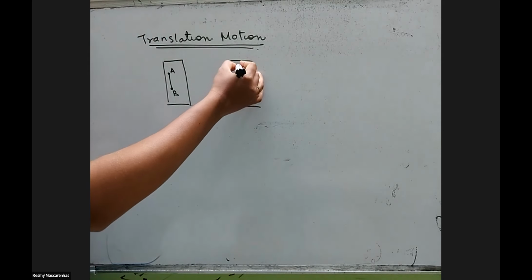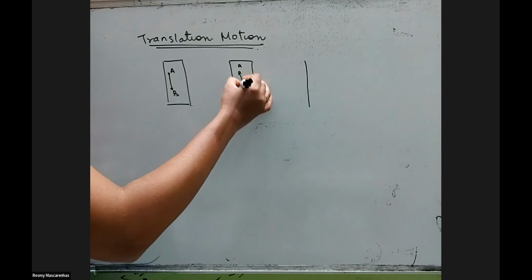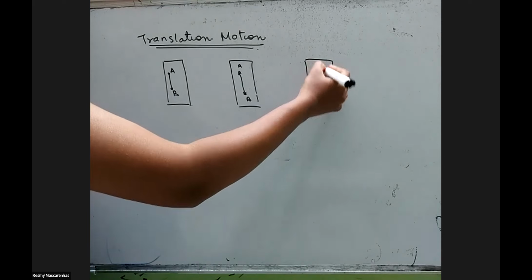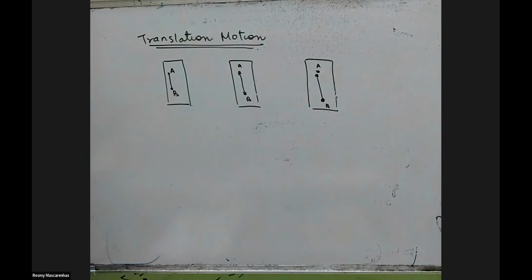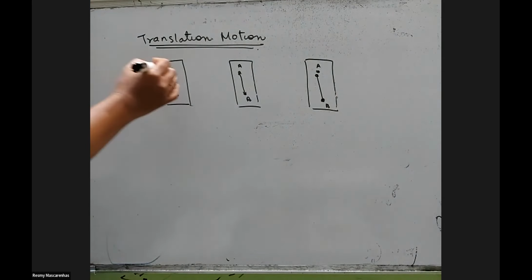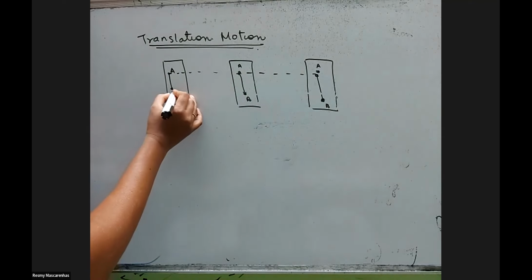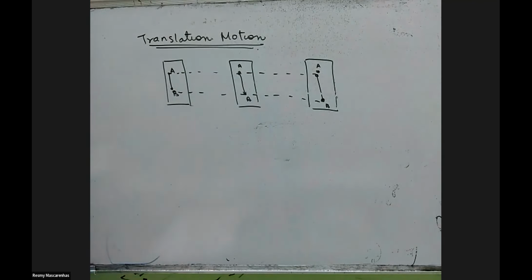Still A and B. It has reached here. Still it remains the same. So between all this will never change. So it is going in a straight line. Then it is called a translation motion.